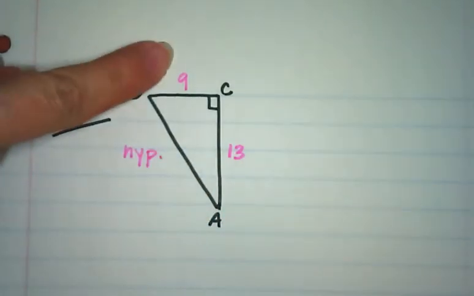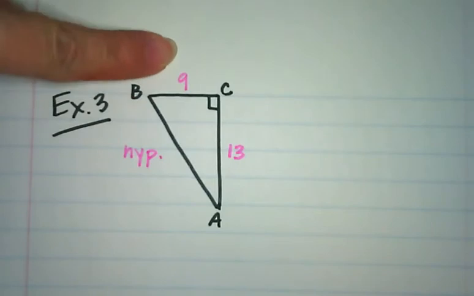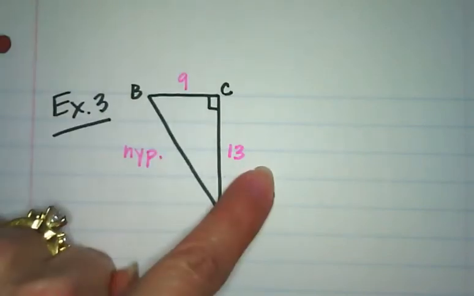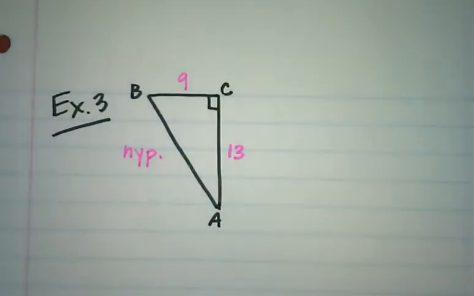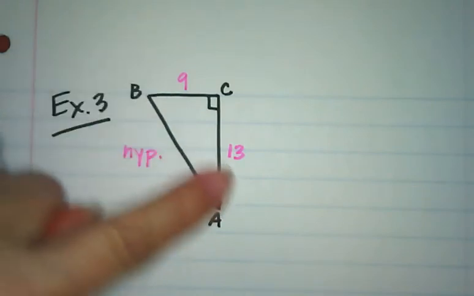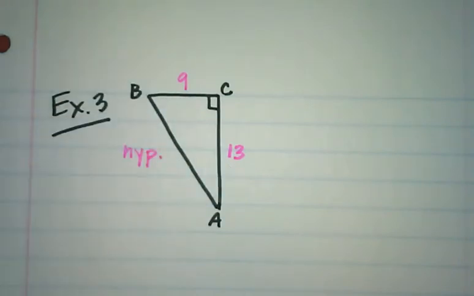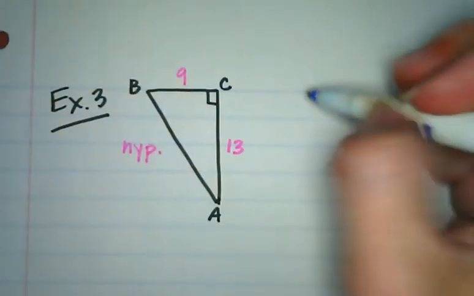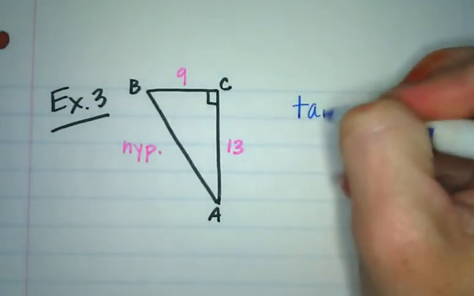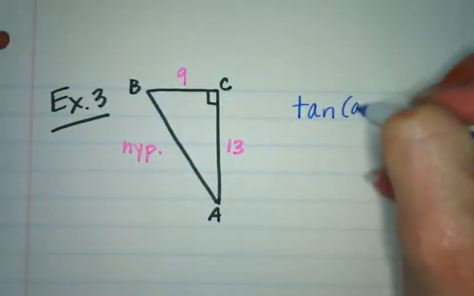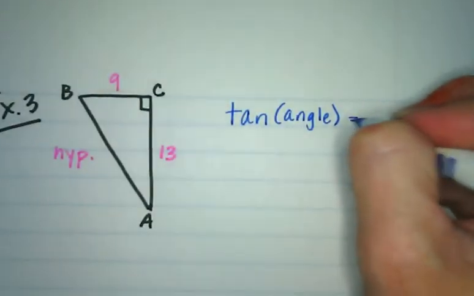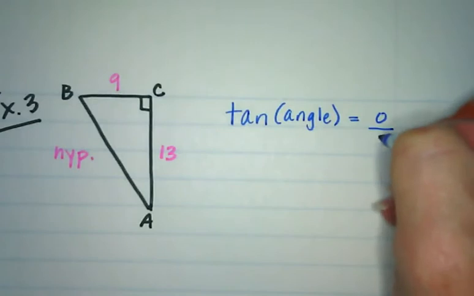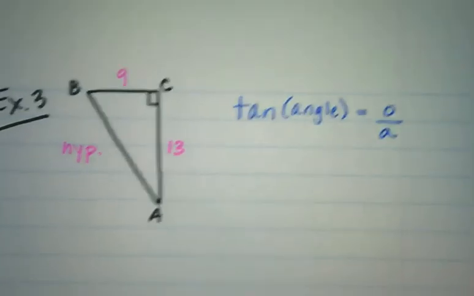But remember, this is the opposite of A but adjacent to B, and this is the opposite of B but adjacent to A. So the function that relates the opposite and adjacent sides is the tangent, because the tangent of the angle is always going to equal the opposite over the adjacent.